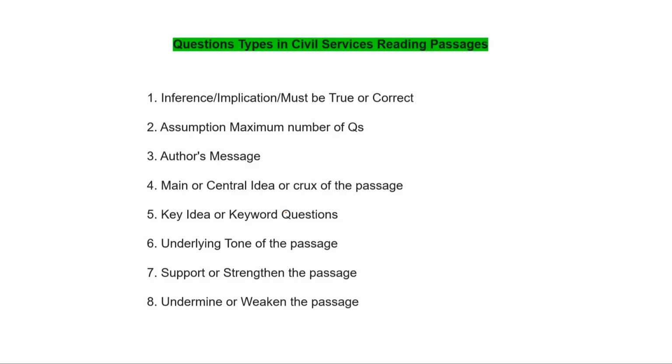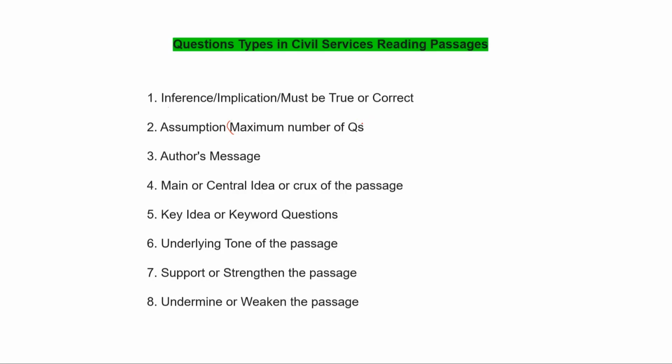One, the inference or implication, must be true or must be correct question type. Whether it is an inference question or implication, must be true or must be correct, all refer to the same thing, and the same approach works for all of these. Second, assumption questions. You usually have the maximum number of questions from assumptions.